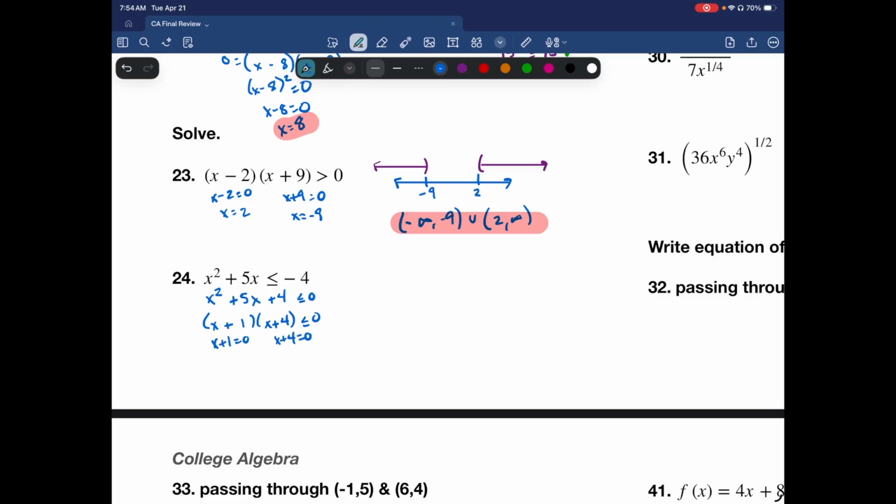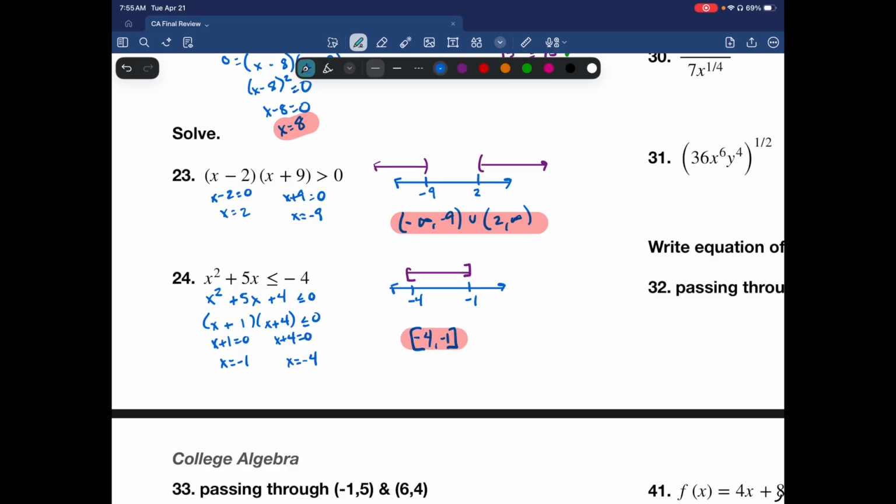You get x is negative 1 and x is negative 4. So I draw my graph, negative 4 on the left, negative 1 on the right. Because it's less than or equal to, first of all, the equal to part is going to make it brackets instead of parentheses, and the less than means I'm going to shade in between. So my interval notation is going to be negative 4 comma negative 1, brackets on both sides.